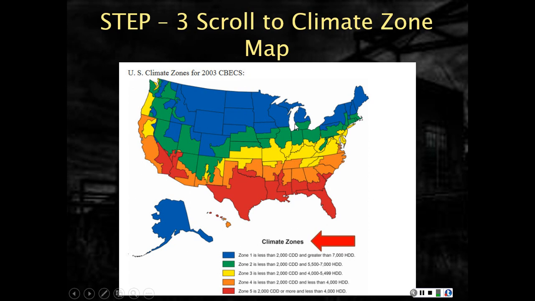So if you happen to have a location that is sitting on a border between climatic zones, you can go down here and look up that particular location's cooling degree day or heating degree day from a weather website and get a more precise definition of what climatic zone your location is under.